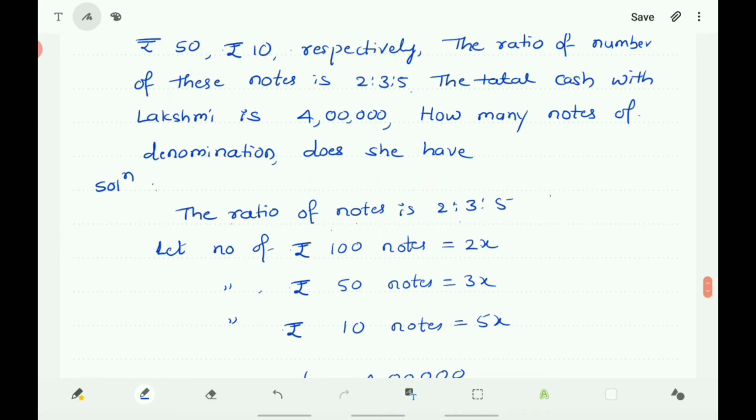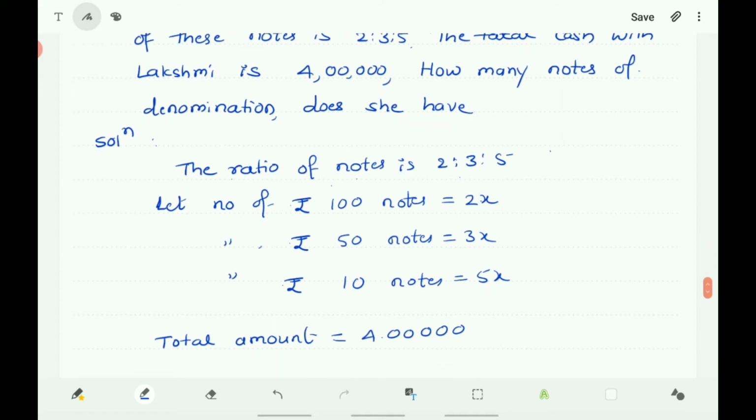So therefore we can have, let 100 rupees notes equals 2x and 50 rupees notes equals 3x and 10 rupees notes equals 5x. The number of notes are here 2x, 3x, 5x and total amount is 4 lakh. So here 100 into 2x plus 50 into 3x plus 10 into 5x must be equals to this 4 lakh.